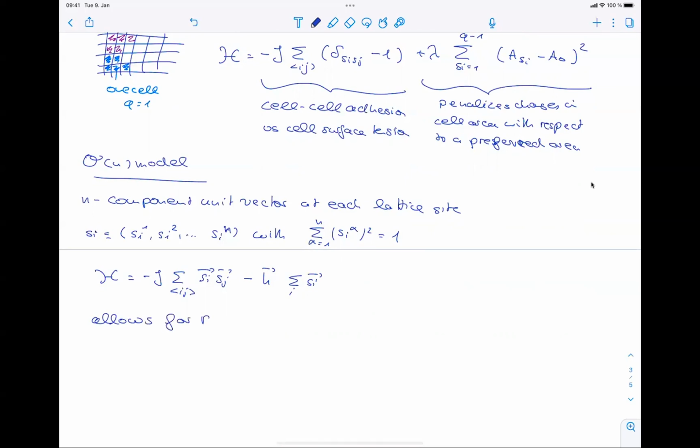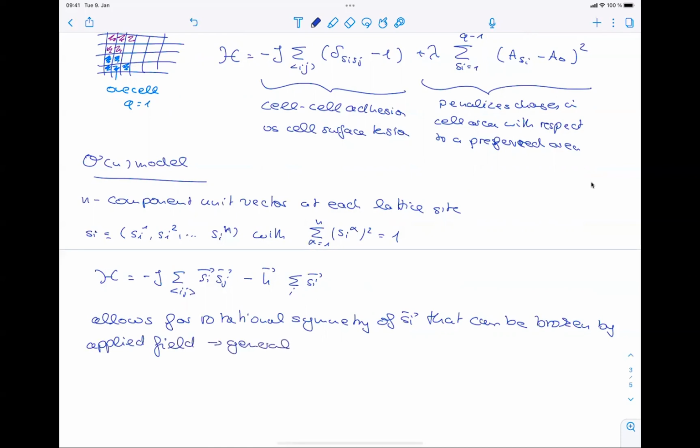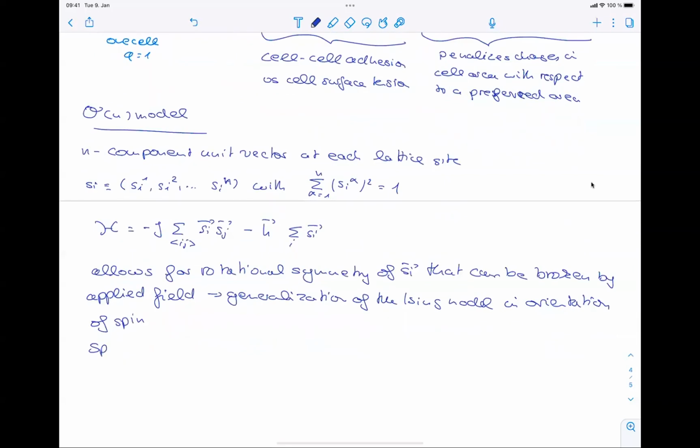So it allows for rotational symmetry. It's a generalization of the Ising model, and there are special cases.